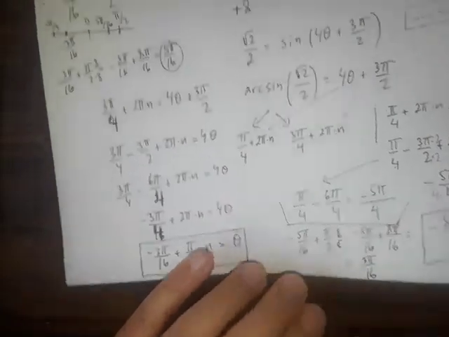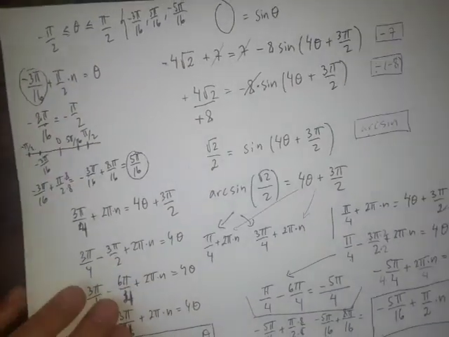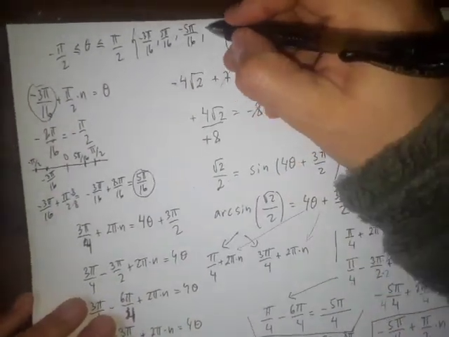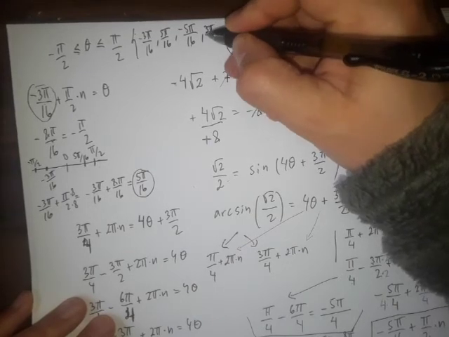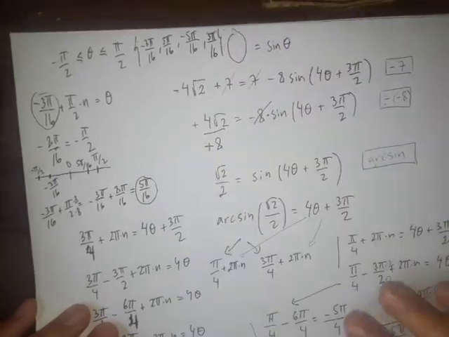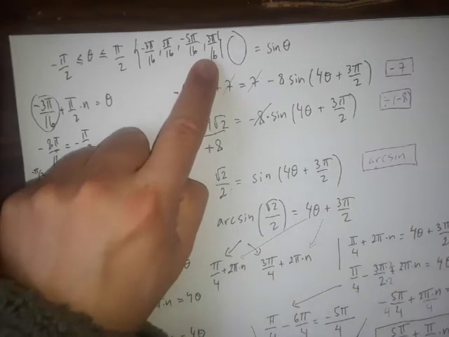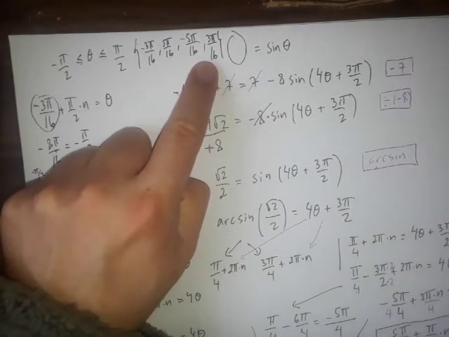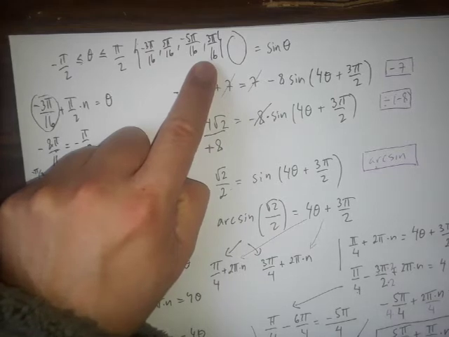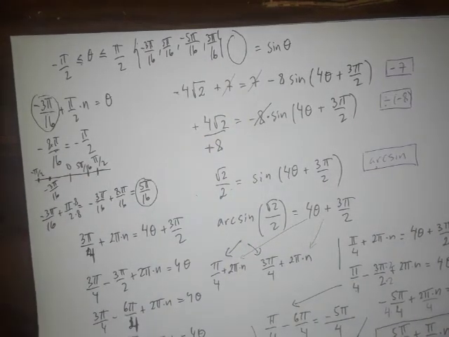So again, it's the symmetry I was talking about. So this is gonna be 3 pi over 16. These are the 4 solutions. Again, if we add pi over 2, this is going to be outside of the domain. So we have actually, as you can see, 4 different answers in this domain.